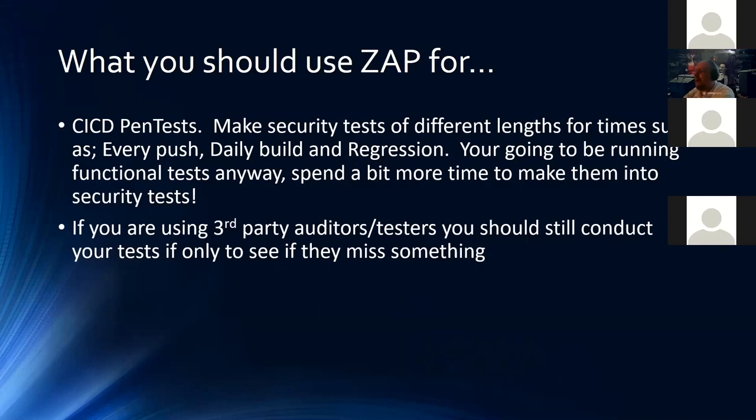If you are, and a couple people are, using third-party auditors or testers, you really got to start looking at getting your own tests into the system. And this is good for several reasons, not just because they might miss something. They're often pretty thorough people and do a good job, but you should know your own product hopefully better than anybody that you hired just with the interest of doing testing and trying to find their way in.